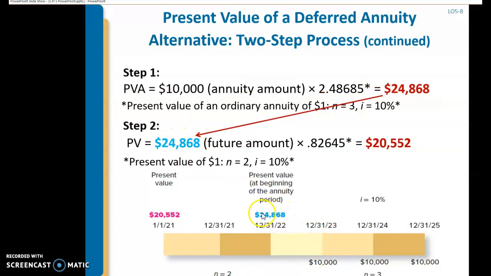Multiply that times the present value of the annuity, and you have the value today of $20,552. Therefore, if we expect at least a 10% return, the maximum amount we would be willing to invest today is $20,552.